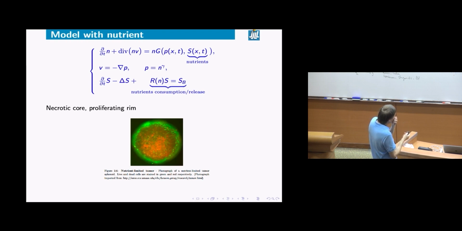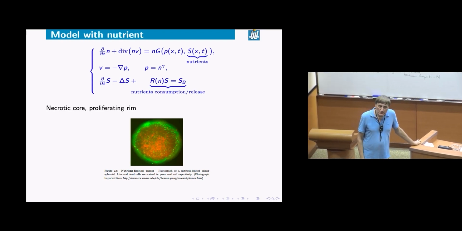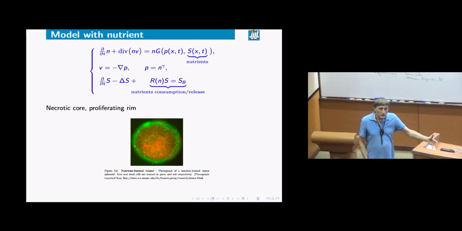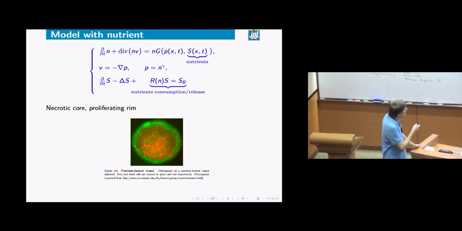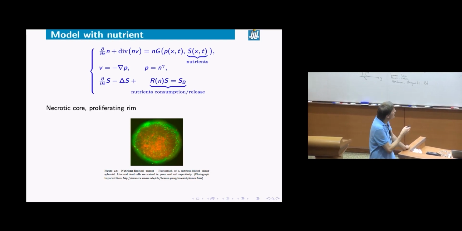They do not have enough nutrients and they died, and on this annulus there are these proliferating cells, this proliferating rim, which have access to the nutrients and which are dividing. So this is what you can observe in experiments, this necrotic core and this proliferating rim.